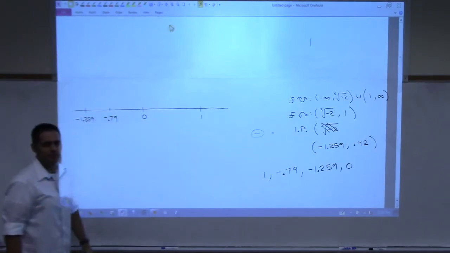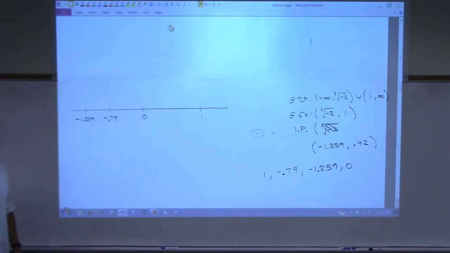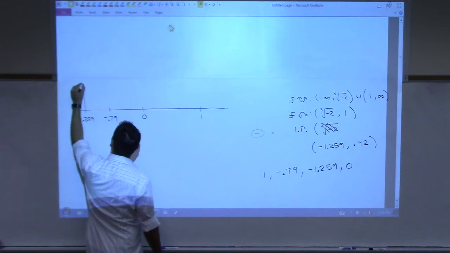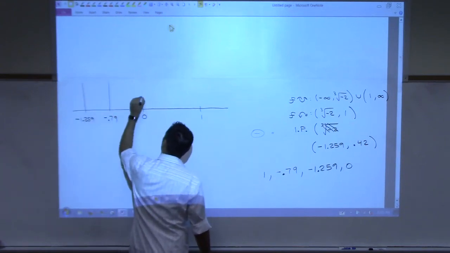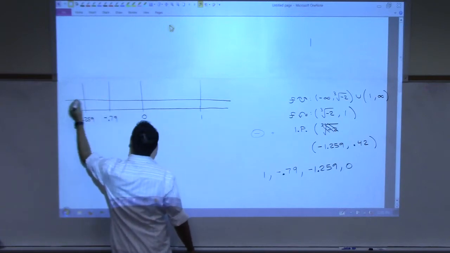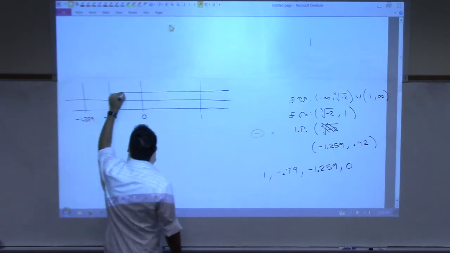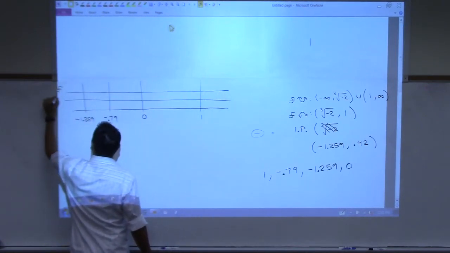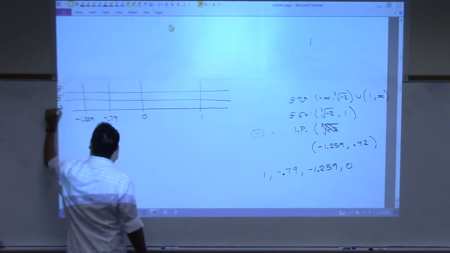Is that all right? Then I draw straight up from these so I can create 3 rows. F double prime, F prime.